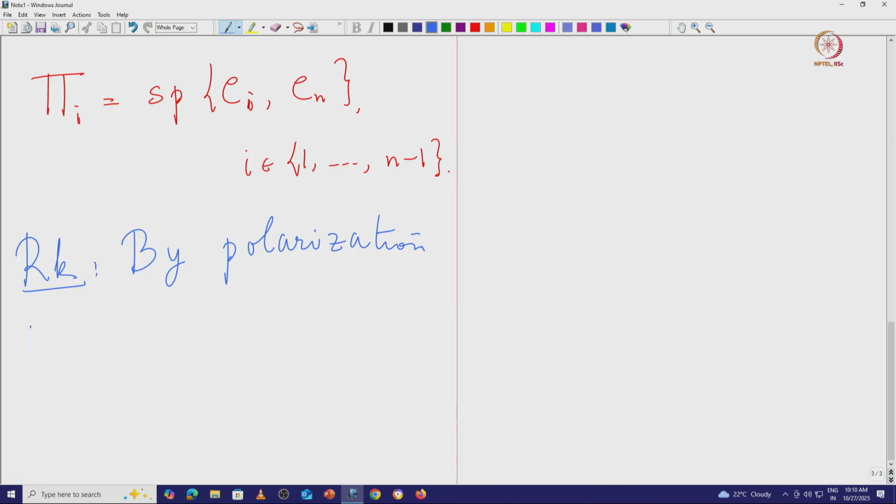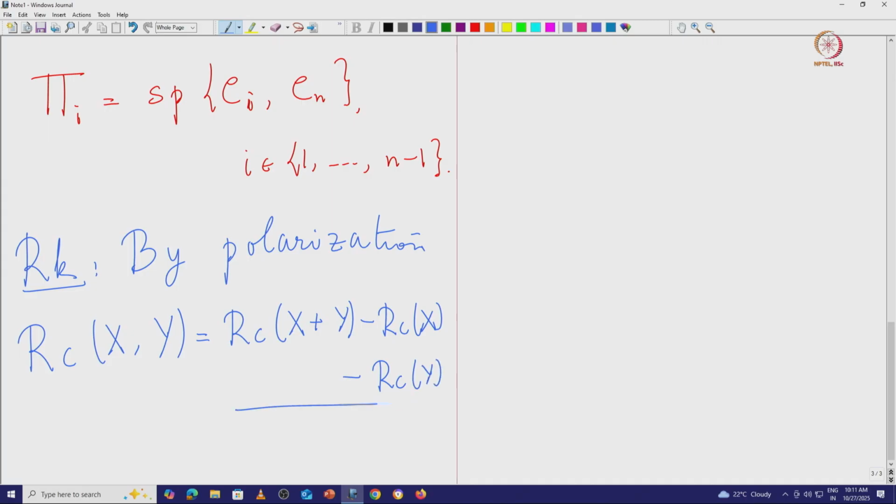So by polarization, Ricci of x y is actually determined by the quadratic form using this formula, this whole thing divided by 2, right, and by the third part of the proposition, the quadratic form can be evaluated in terms of the sectional curvature.